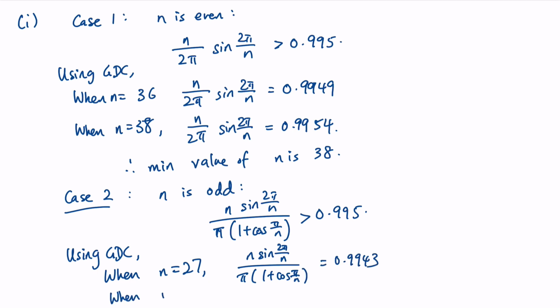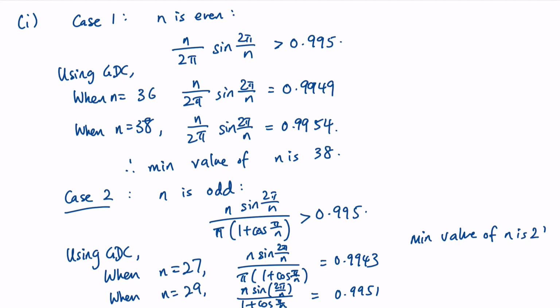When n equals 29, it is 0.9951. So in this case, the minimum value of n is 29.